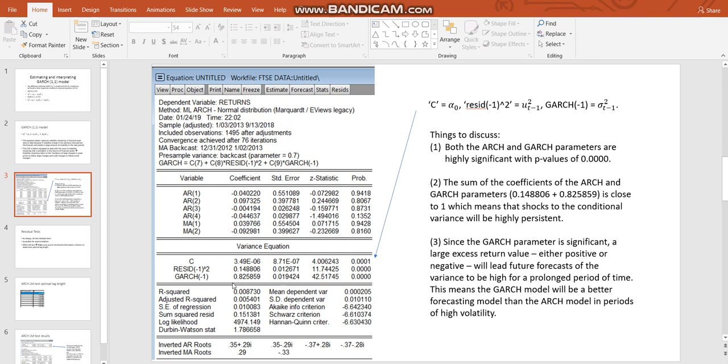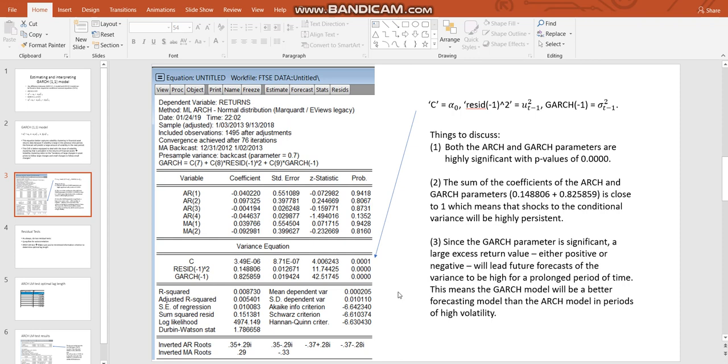And finally, if you look at the GARCH term, focus on the fact that it's significant at the 5% level, and also the fact that because it's significant, that means that if a large excess return value is produced, that will lead to future forecasts of the variance to be high for a prolonged period of time.